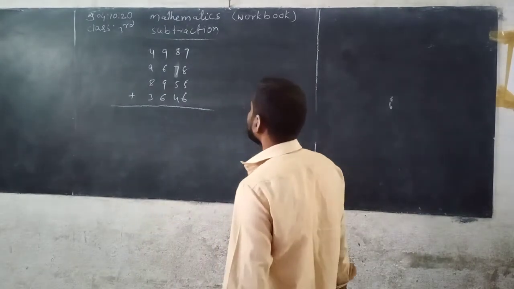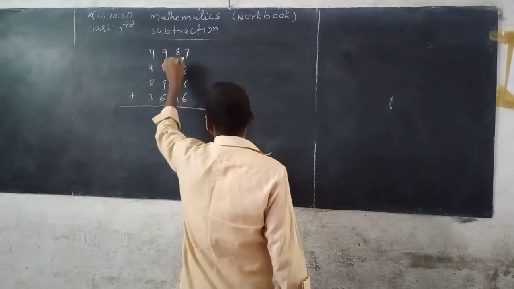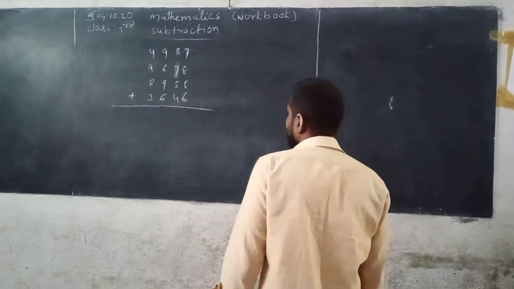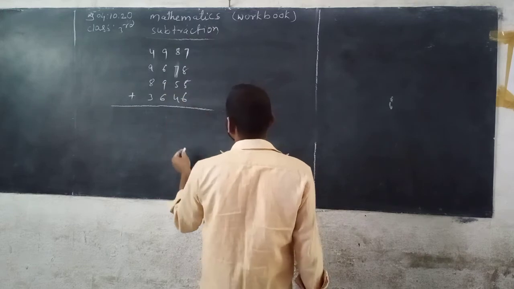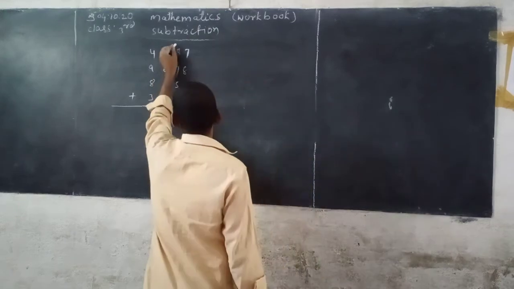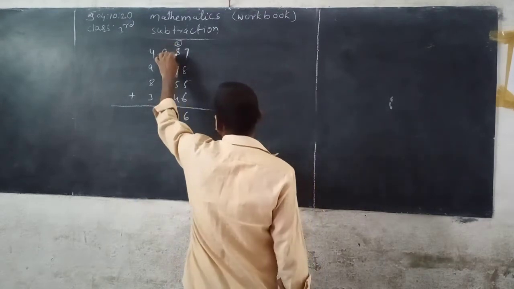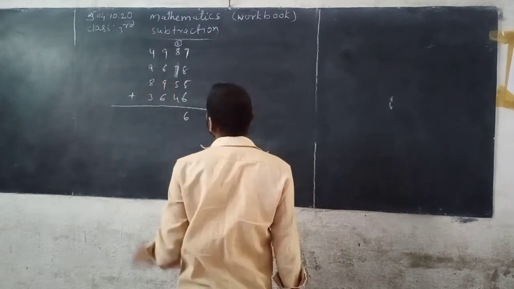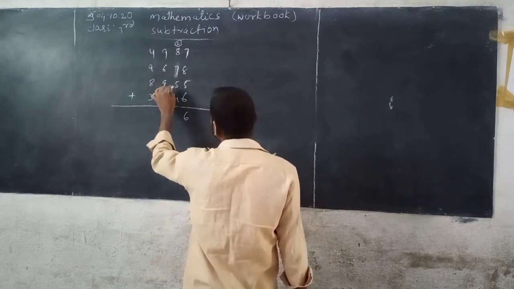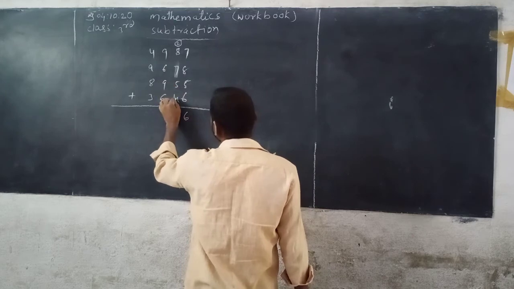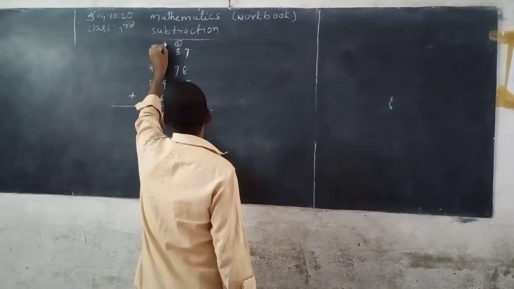First add the digits in ones place. 7 plus 8, 15. 15 plus 5, 20, 20 plus 6, 26, 6 taking, carrying 2 to tens place. Next add the digits in tens place. 2 plus 8, 10, 10 plus 7, 17, 17 plus 5, 22, 22 plus 4, 26, 6 taking, carrying 2 to hundreds place.